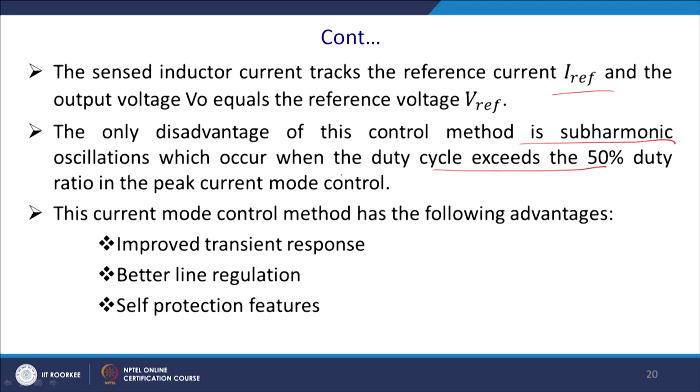These are also control challenges. This method has the following advantages: improved transient response, better line regulation, and self protection features. It is inherently protected from short circuit, which is absent in the voltage control mode, and it has compact sizing. Designing is also simpler. So, considering that, we generally prefer current mode control.